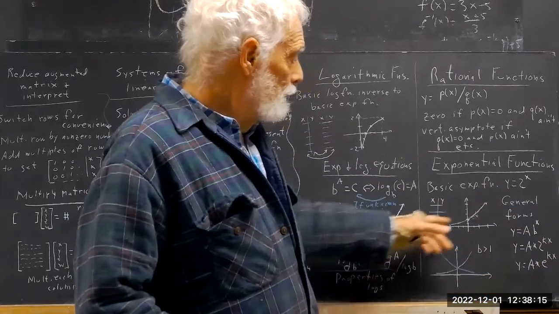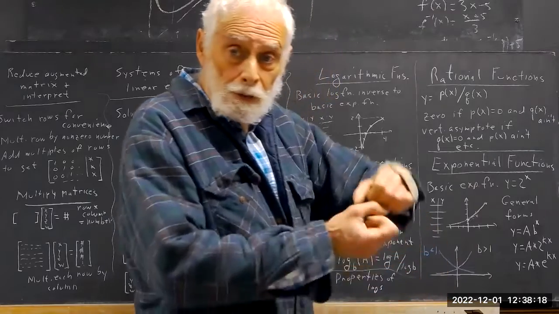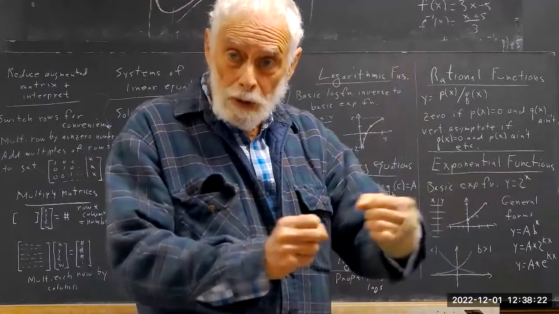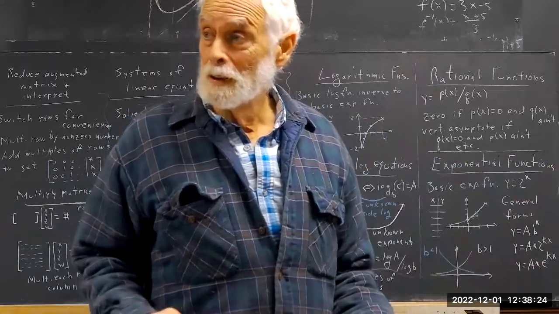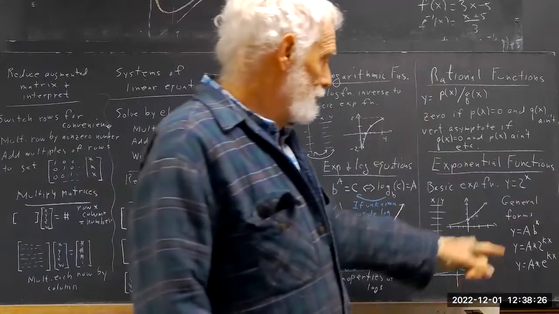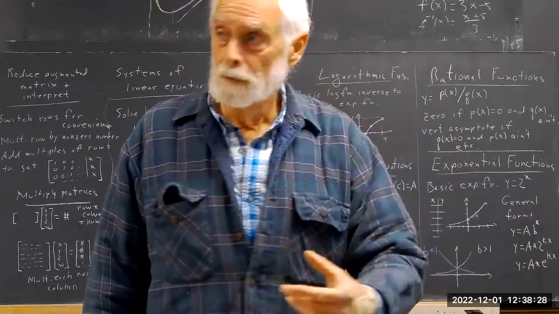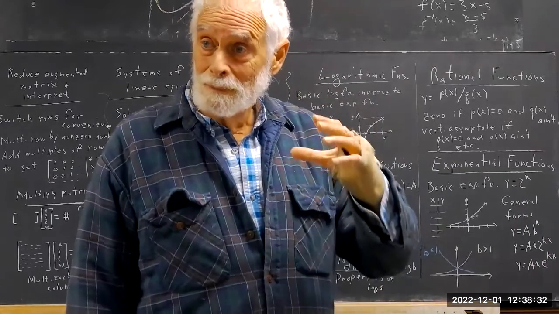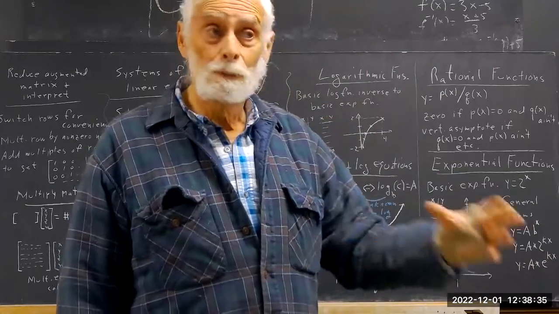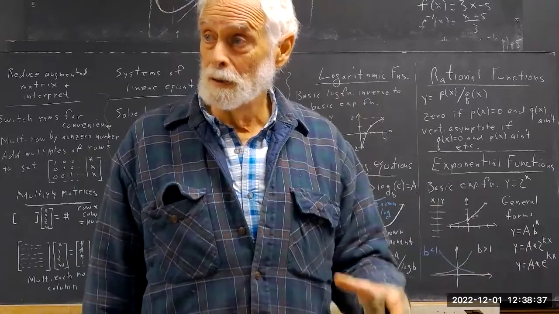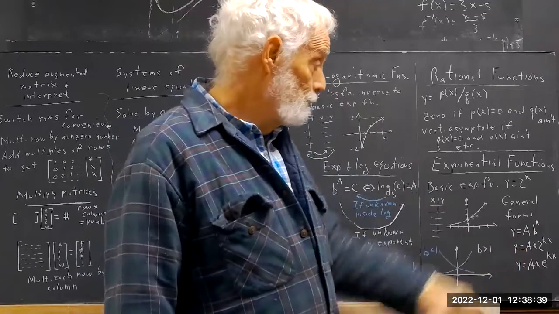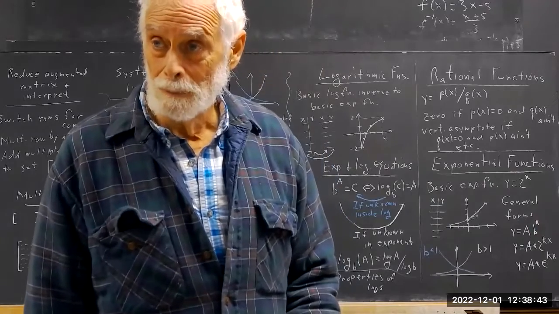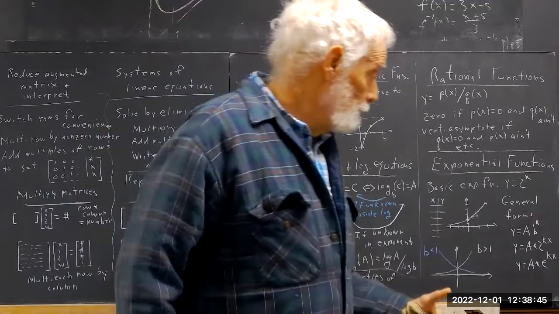So that means this graph can be stretched this way, and or it can be compressed or stretched this way. And A and K govern how that happens. You should understand transformations completely. Yeah, you did some really good work with transformations. We didn't talk a lot about the compression, but you're in a position to understand that, horizontal compression.